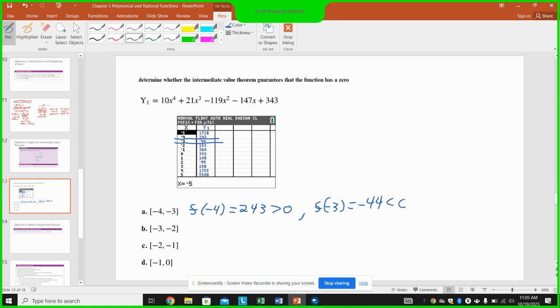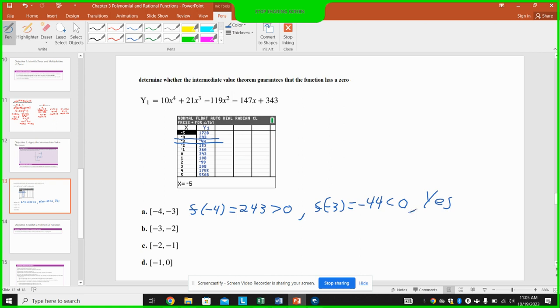So as long as I get an endpoint that is greater than 0 and one that is less than 0, then the intermediate value theorem does guarantee a function has a 0. Yes, as long as you have one that's greater, one that's less, then at some point it had to be 0.